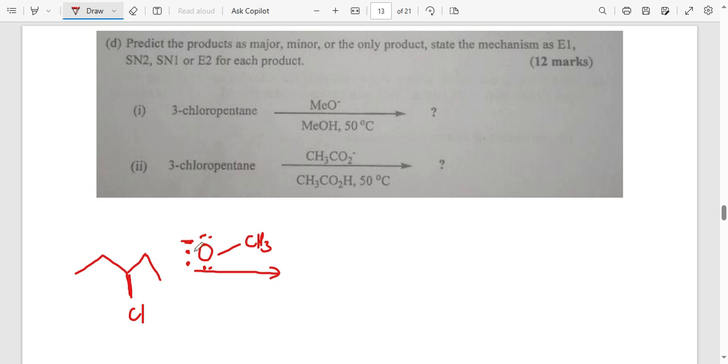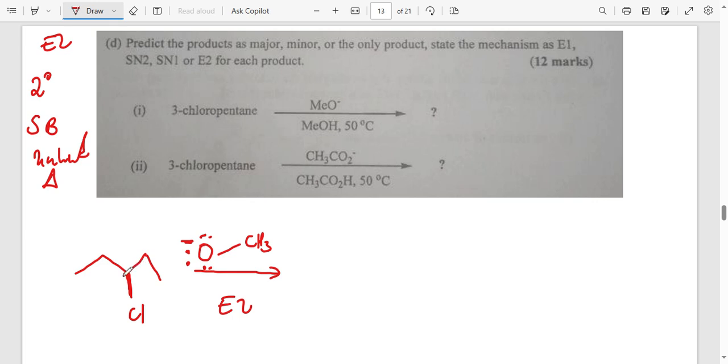Okay, so look at this. This is a secondary substrate. The base is strong and unhindered, and there is heat. So the major product is going to be by E2. Remember, every time I'm talking about elimination, you form double bonds.